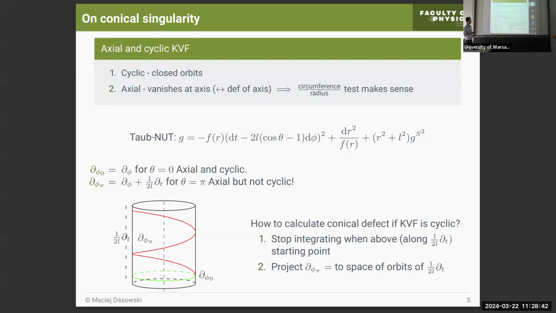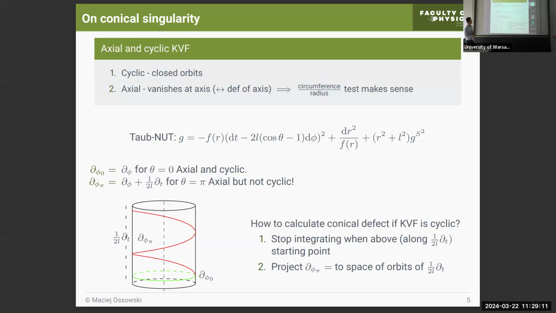And we expect to have an axis which consists of 2 poles, of 2 axis parts. One would be theta equal to 0 and the other theta equal to pi. For theta equal to 0, because we have chosen the phi coordinate to be closed, it's no problem. d over d phi is both axial and cyclic.